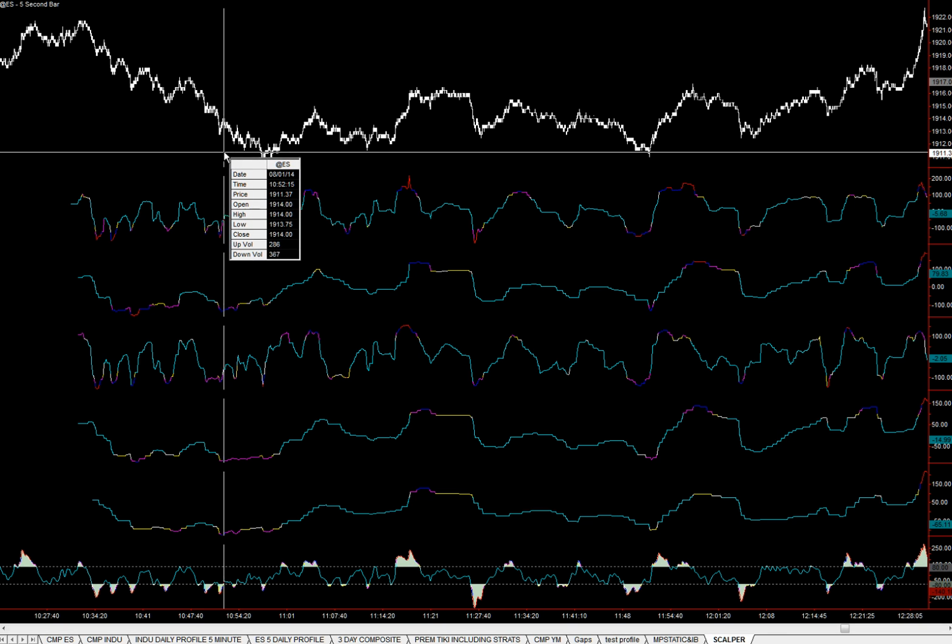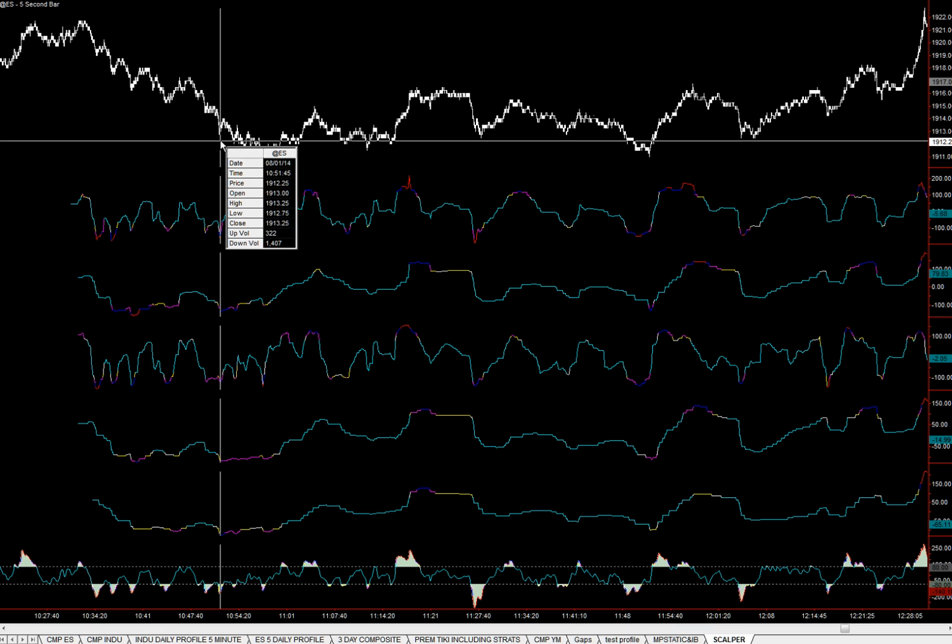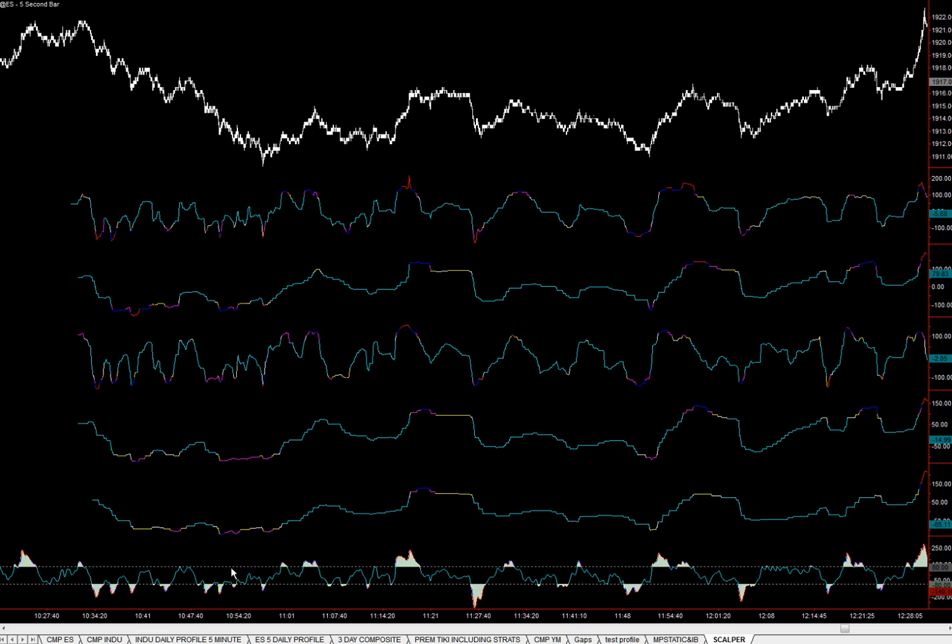Getting it at 13, it can ride it up to 14. It'll work. This is a scalp. We're not looking to make a lot off of this. And you can tell when to get out when the slope of the very fastest indicator begins to turn. And there you have it.